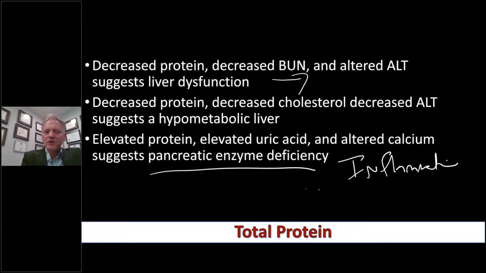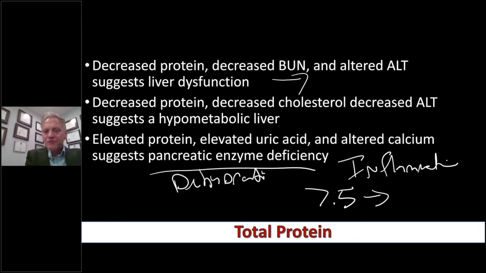So if your protein goes north of 7.5, from a functional standpoint, the two most common reasons that I find clinically is going to be dehydration. Person just not drinking enough water. Maybe they're drinking too much Starbucks or whatever the case may be, or they've got an inflammatory process going on.